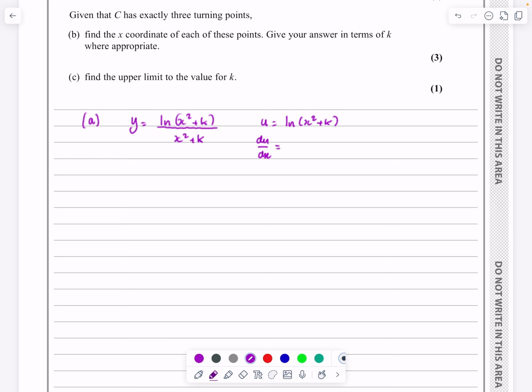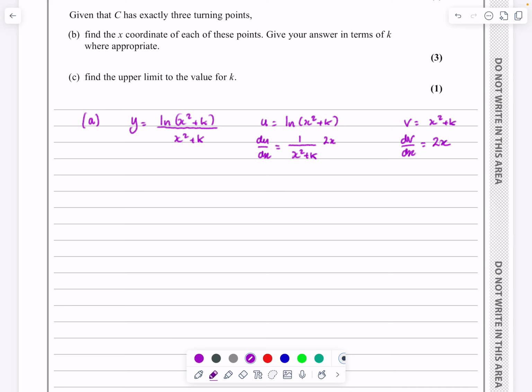The differential of a log function is 1 over this part, multiplied by the differential of what's up there, the differential of x squared plus k, which is 2x. v is equal to x squared plus k, so dv by dx is going to be 2x.